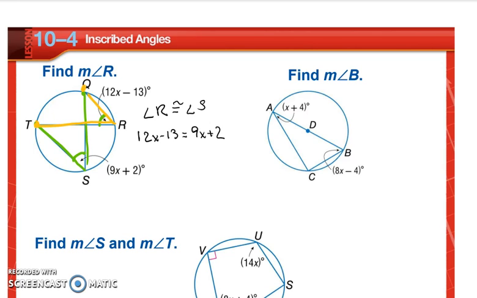And then you would solve these, and then you would plug in for x into angle R. So to save time, I'm just going to leave it there, but for your work, you have to actually solve and find x.